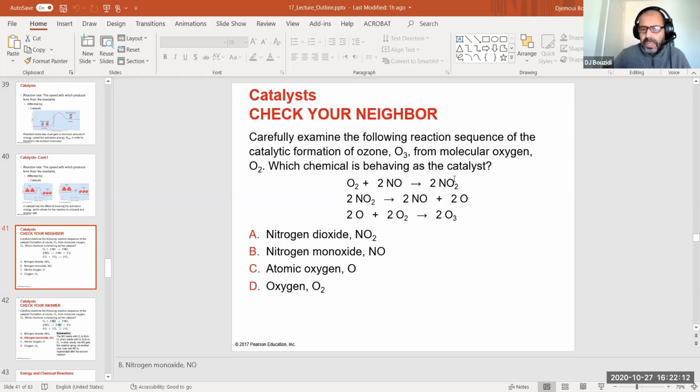The NO, nitrogen monoxide, actually was needed to start the chemical reaction, but at the end it was released, so it stays lingering in the same place, ready to facilitate another reaction where the oxygen O2 basically transforms at the end of the day into O3. So in this case, it's nitrogen monoxide that is acting as a catalyst.